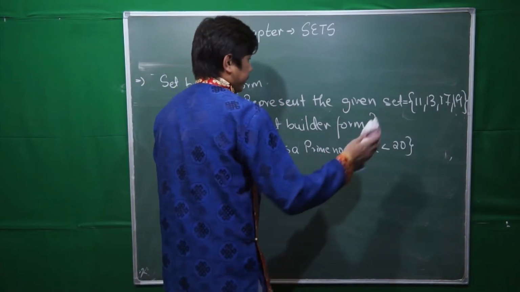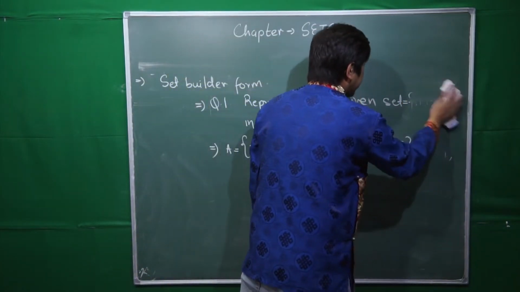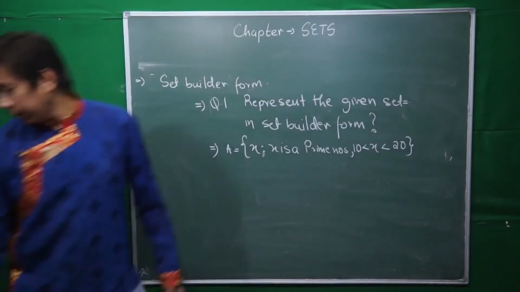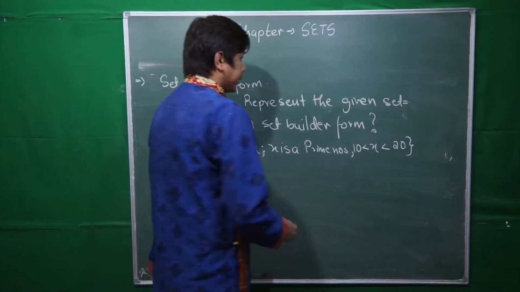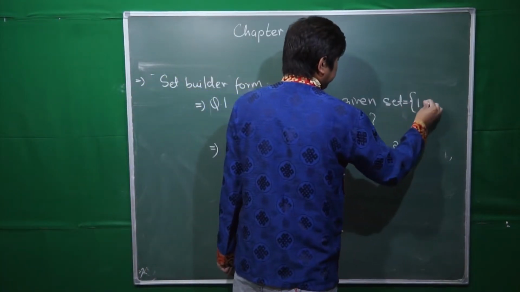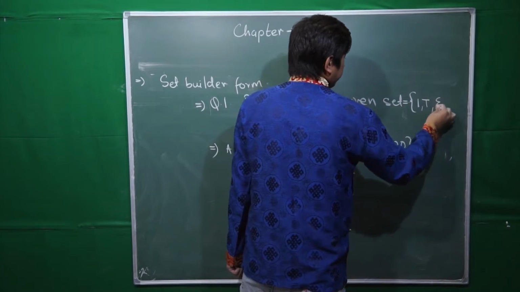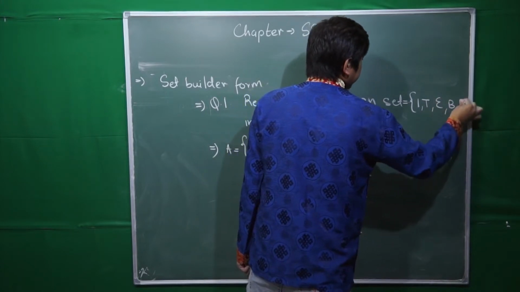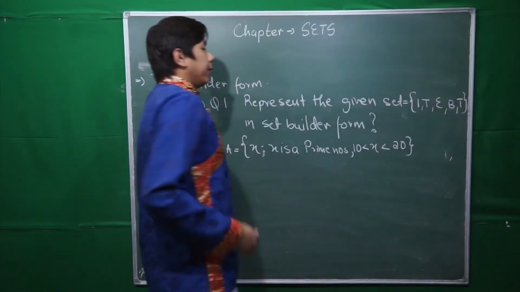For example, again, I'll change the set given to an easier set. Let's say certain alphabets.